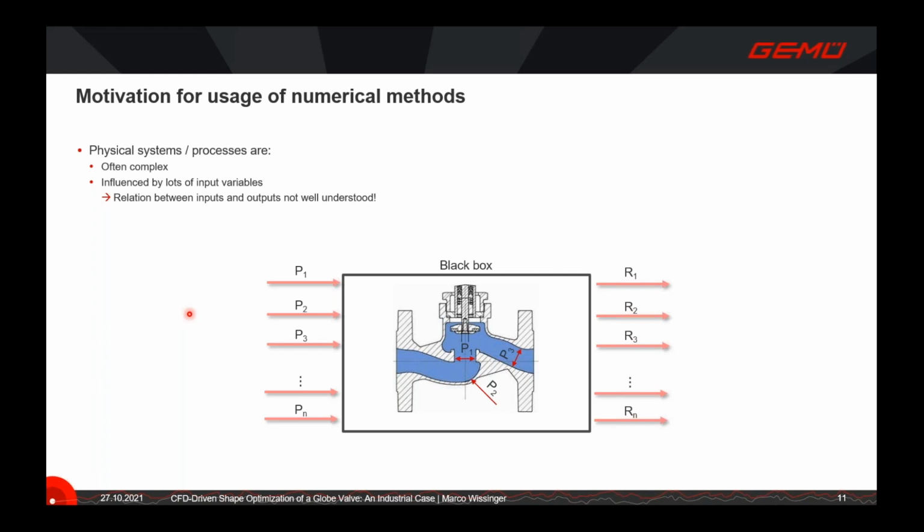This valve body, as I said before, can be described by input parameters. These input parameters could be the dimensions of the valve body, for example, P2 as a radius in the lower part of the geometry. We want to get ideas how the parameter, for example P2, is related to the pressure loss across the valve body.